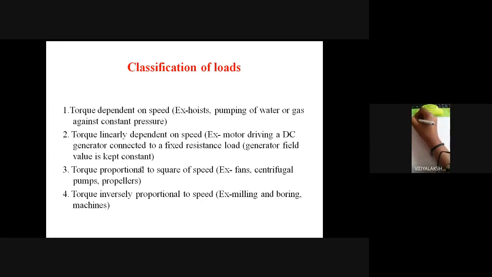The second type is torque proportional to the speed. The graph itself says what will happen when I change the torque and speed. If I'm changing the torque, it varies linearly with respect to the speed. I'm repeating once again. This is called a linear curve, a curve which passes through the origin, the zero origin.